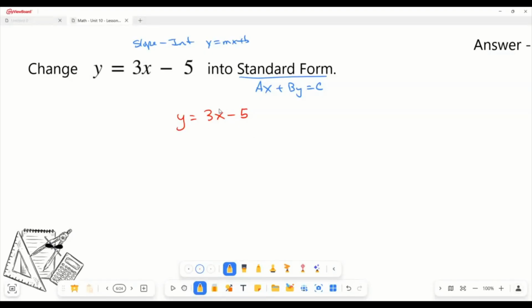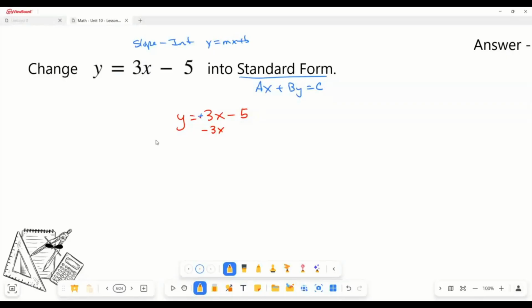But I need the 3x over here. There is an understood plus sign in front of that 3x. That means 3x is being added to -5. That negative is going with the 5, not with the 3x. We undo this adding 3x by subtracting 3x so that that adds up to 0.